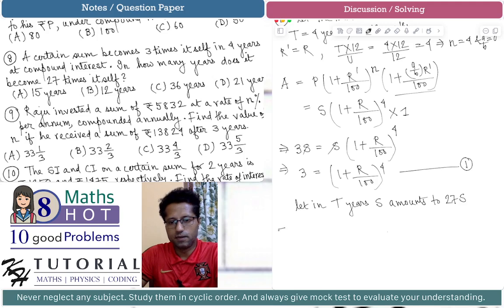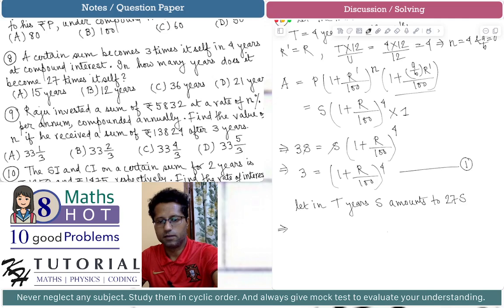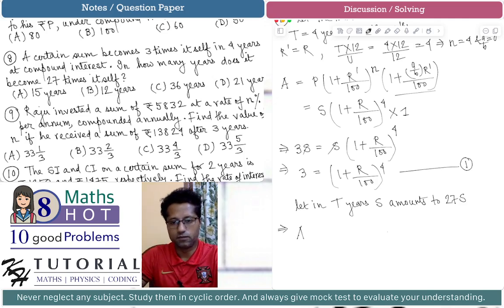So this will imply that 27s, if we are using the general formula, let's write the general formula first. P (1 + (a/b) r'/100)(1 + r'/100)^n.